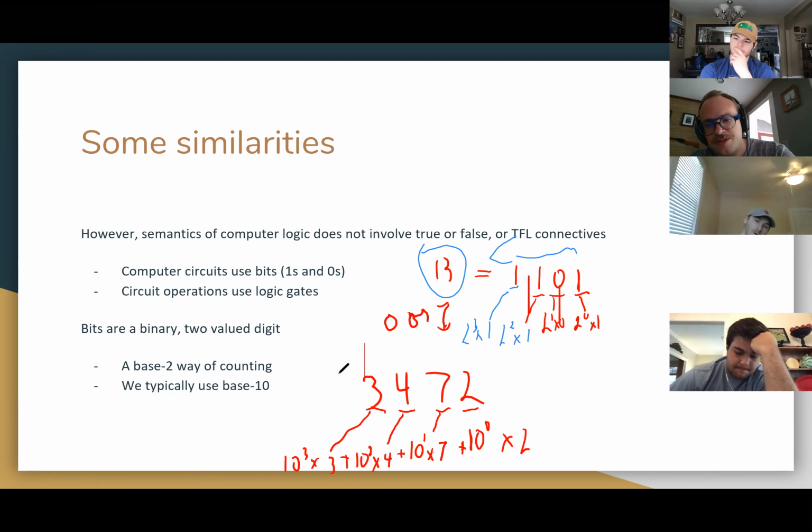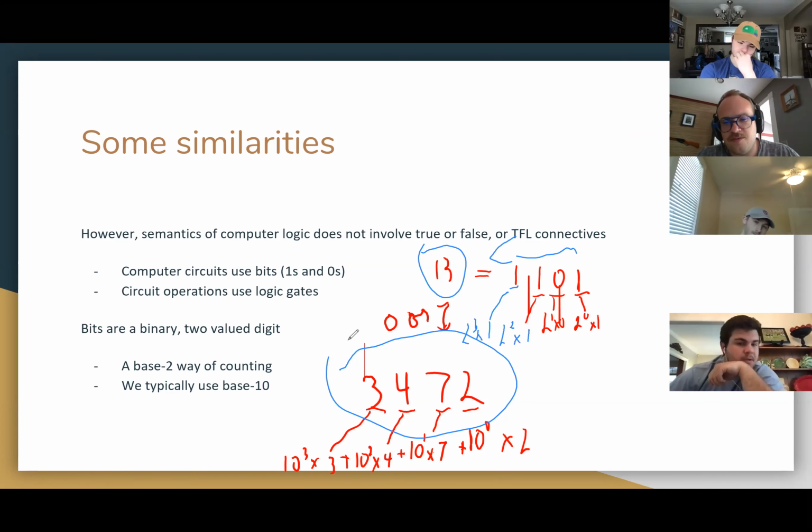If we wanted to represent 3,472, we would need like 30 digits, maybe a 30-digit binary number. Actually, probably not that much. I think like 12.